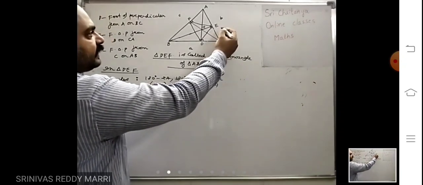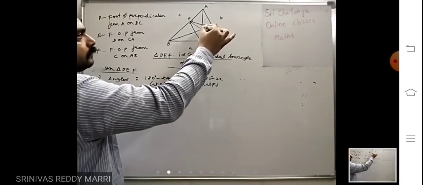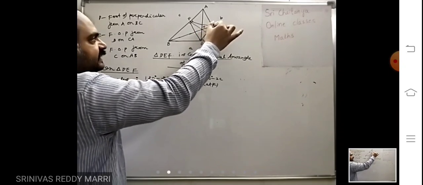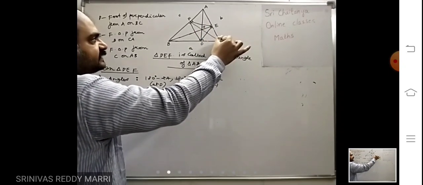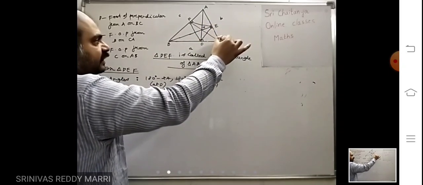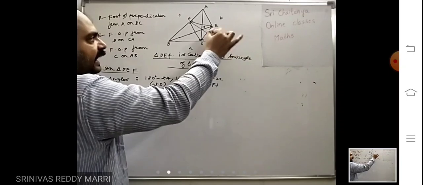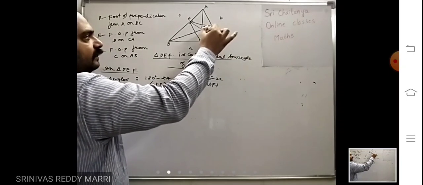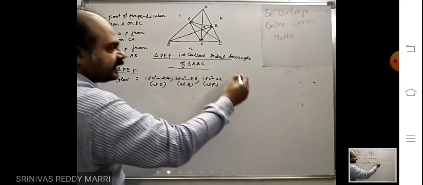Now look at here. Whatever I am telling, observe carefully. Angle HEC. Angle HEC is what? Look at in the diagram. Angle HEC is nothing but 90 degree. Angle HDC is nothing but 90 degree.